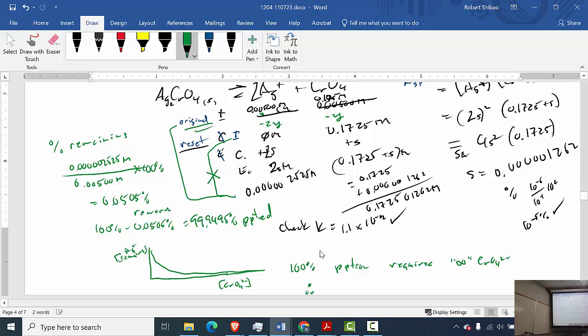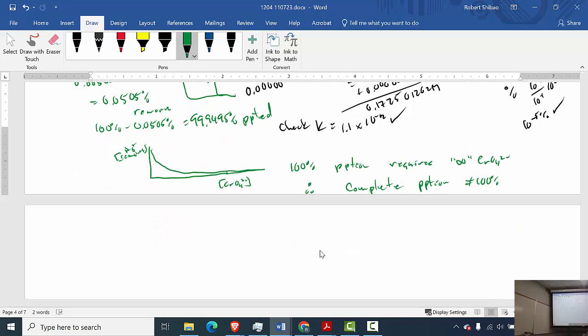Therefore, we have something called a complete precipitation. A complete precipitation is not 100%. Complete precipitation does not equal 100%. What does complete precipitation equal? Saturated? No, not saturated. The complete precipitation is just going to be 99.9%, three nines.